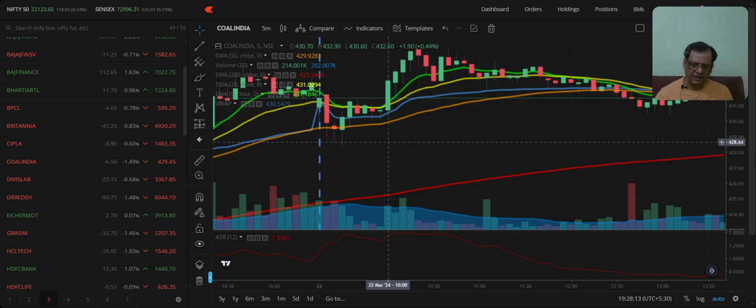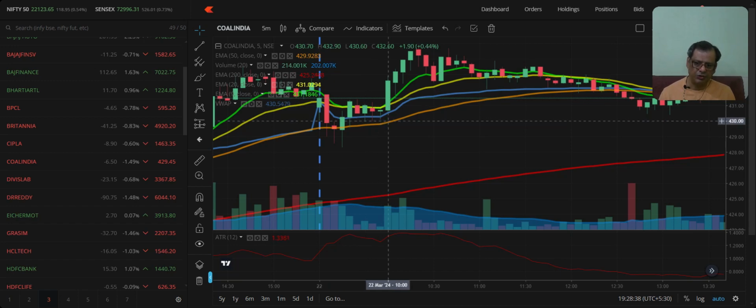Since we are intraday here, you can buy here at the close, and your stop loss will be below this candle low. Now you buy here, that's a 1.90 SL, and if you see the ATR is 1.30. So you can even decide to keep it at the open, 430.70 and 430.60, not much difference.